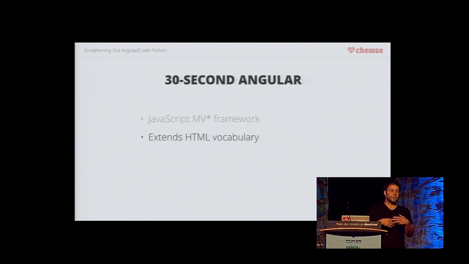Its claim to fame, what makes it really special, I think, is it extends the HTML vocabulary. So what that means is, you're writing HTML, but you get all of these extra things that you can play with and declaratively write a bunch of HTML stuff that Angular then turns into this beautiful functioning app through the magic of two-way data binding.